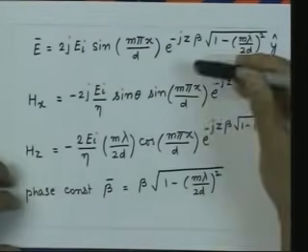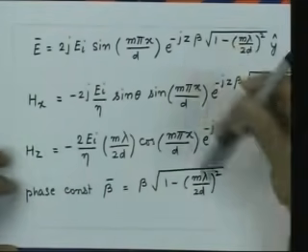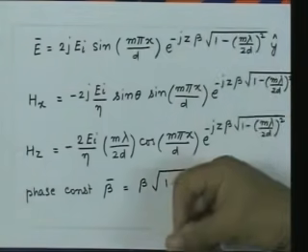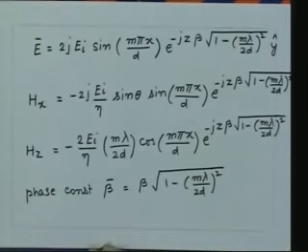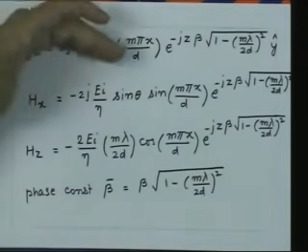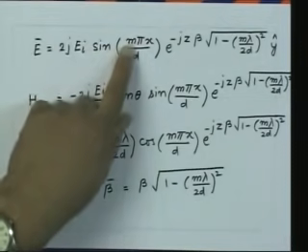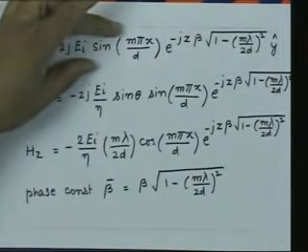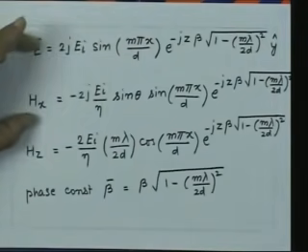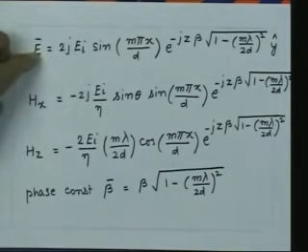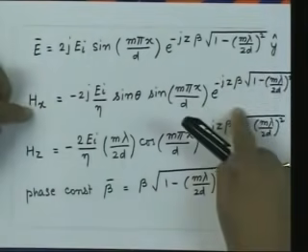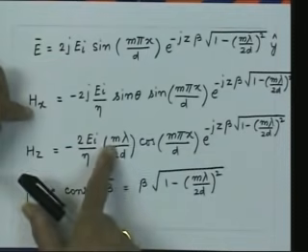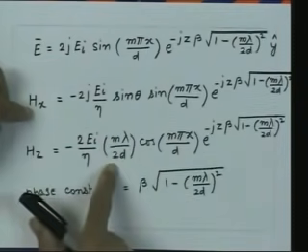Now, the first thing one should immediately note from this expression is that if I put m equal to 0 in this expression, then the electric field will go to 0, because this quantity will go to 0 for any value of x. So, E y will go to 0, Hx will go to 0, and Hz will not go to 0 because of this term, but then when m equal to 0, this quantity is 0, so this field will go to 0.